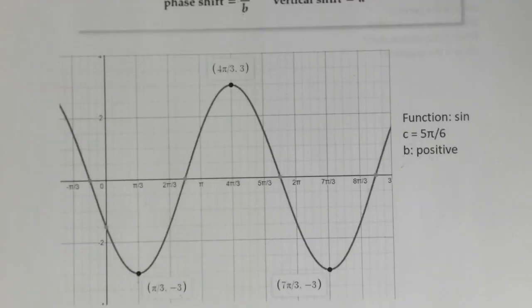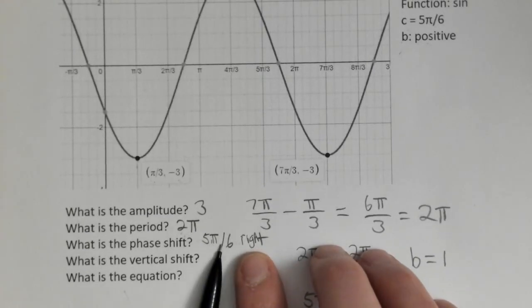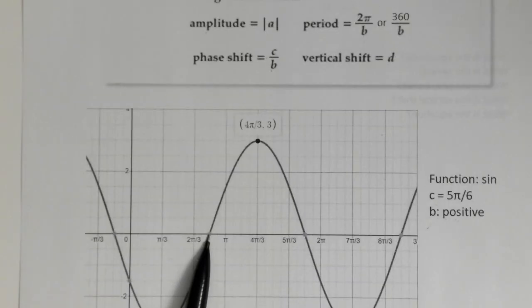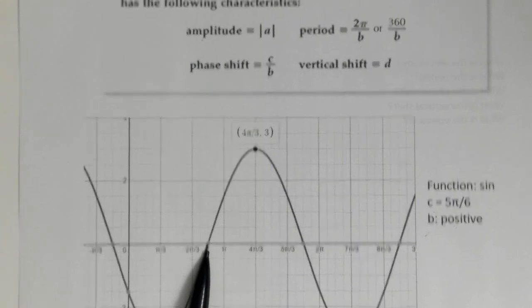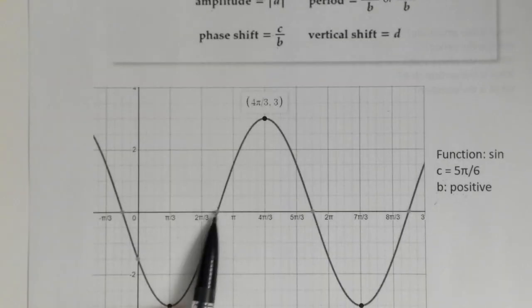And if you wanted to verify that on the graph, 5 pi over 6 would be to the right, and 5 pi over 6 would be just a little bit below pi, right? 1 pi over 6 below pi. And if we take a look at that and see where that 0, 0 has shifted to, because remember, on the parent sine function, the 0, 0 would hit here, and we notice it is shifted 5 pi over 6 to the right.